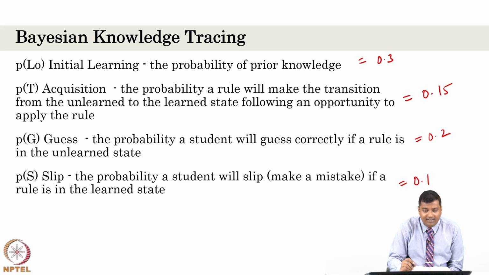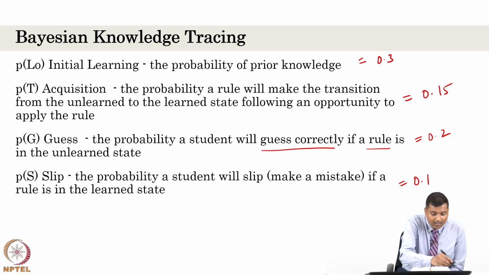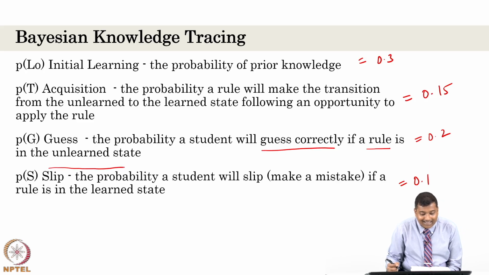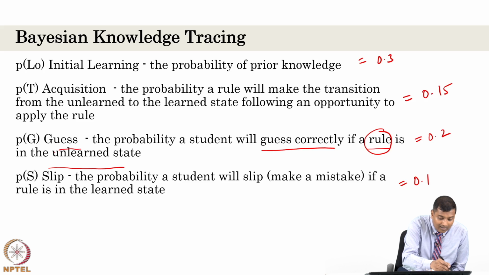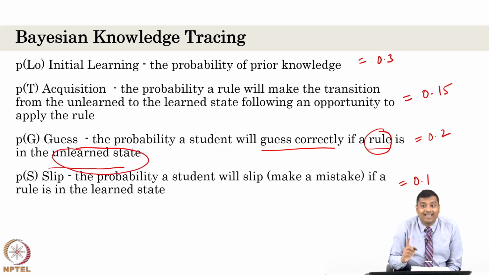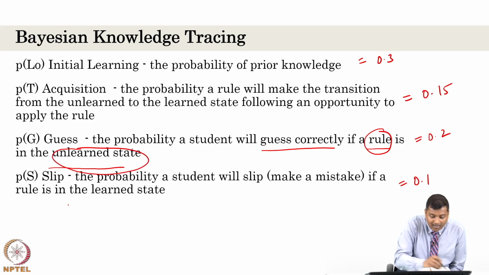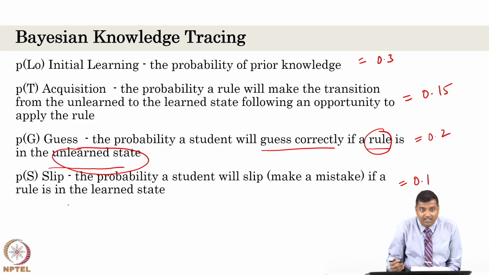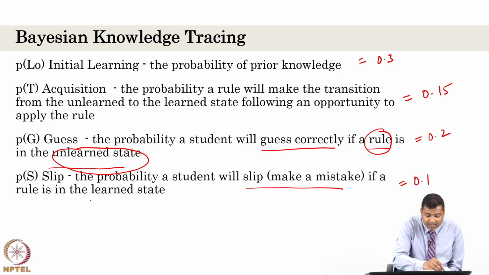This is really interesting. The student will guess correctly if the rule is in the unlearned state. That means we are assuming that the student is in an unlearned state. The student is guessing the answer. Similarly, slip is the opposite, where the student will make a mistake and they know the answer.